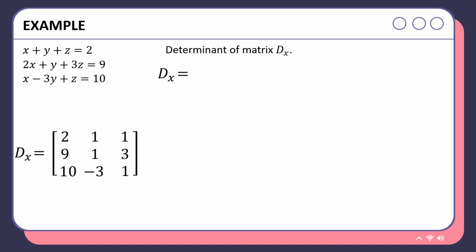So D sub x is equal to, we cover 9 and 10, and 1 and 1. We copy 2 times 1 times 1 is equal to +1 minus 3 times -3 is equal to -9.